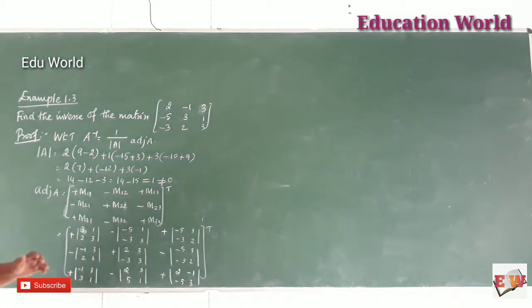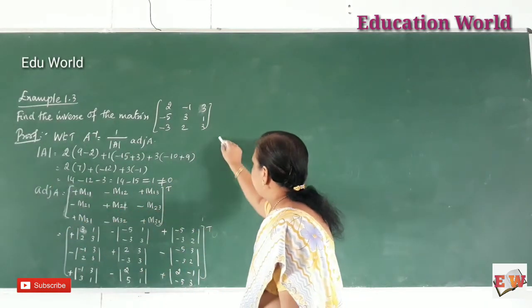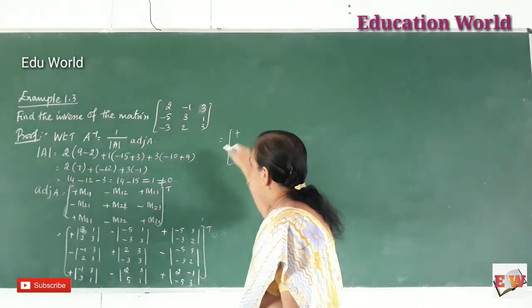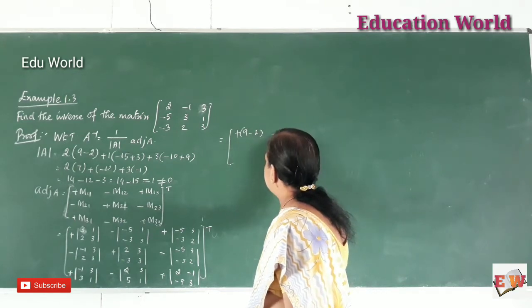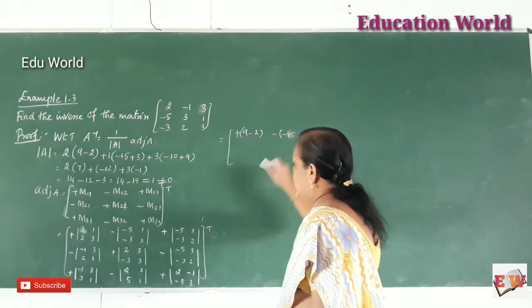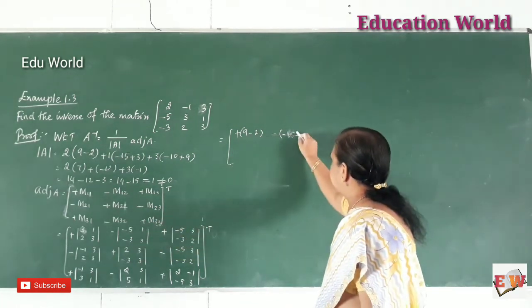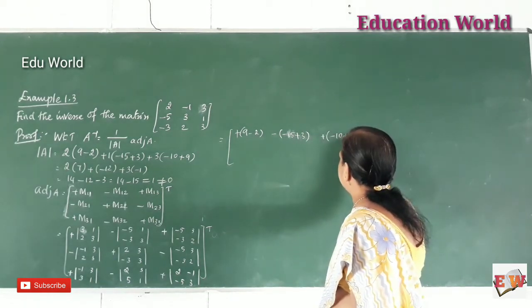When finding the submatrix, we have to give more concentration. Suppose if you change the symbols or entries, the answer will come wrong. So we have to give more importance to that. Now we find the value of each submatrix: 9 minus 2, minus 15 minus 3 into 1 plus 3, plus minus 10 plus 9.